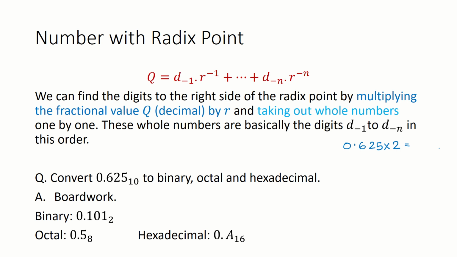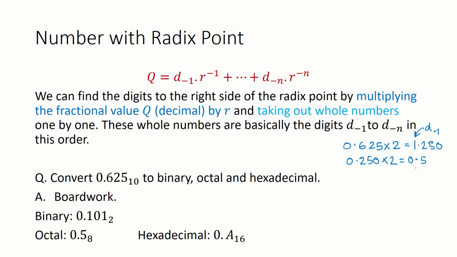What we get is 1.25. So, what is the whole number coming out? 1. So, this will become d minus 1. You carry forward in the next step only the fractional part, 0.25, and multiply with 2 only. What you will get? 0.5.